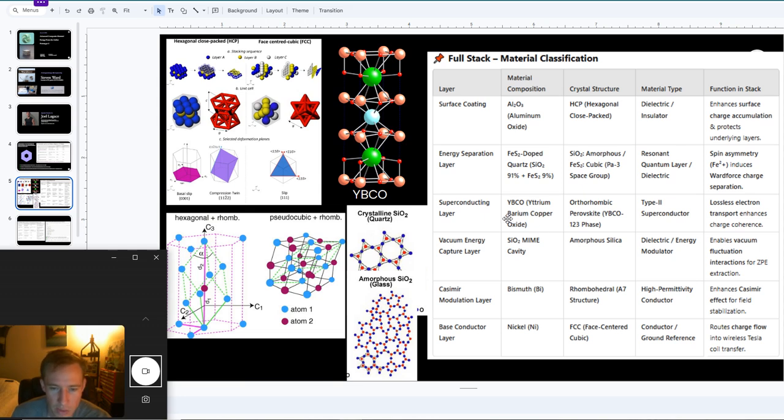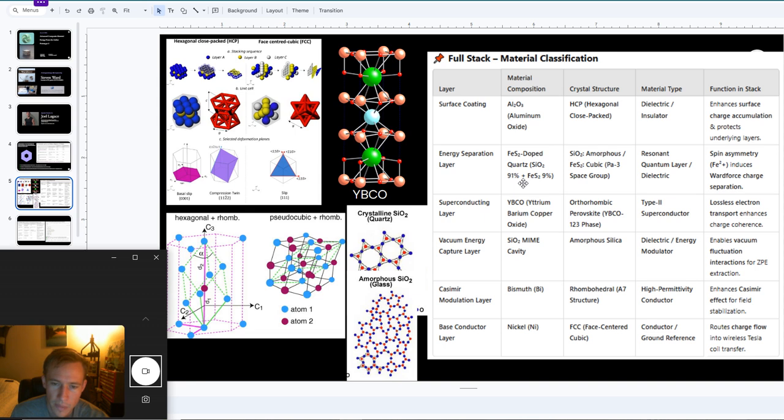And then you have a superconducting layer of yttrium, barium, copper oxide. So your copper oxide is your type P material, so it's got these electron holes, and this whole thing acts like a type 2 superconductor, so you don't have electron transport losses, so you enhance charge coherence, and you separate the energy with that charge coherence using spin asymmetry from the Fe2+ ion, which induces a forced charge separation, and it's acting like a resonant quantum layer and a dielectric simultaneously if you have FeS2 doped with quartz.